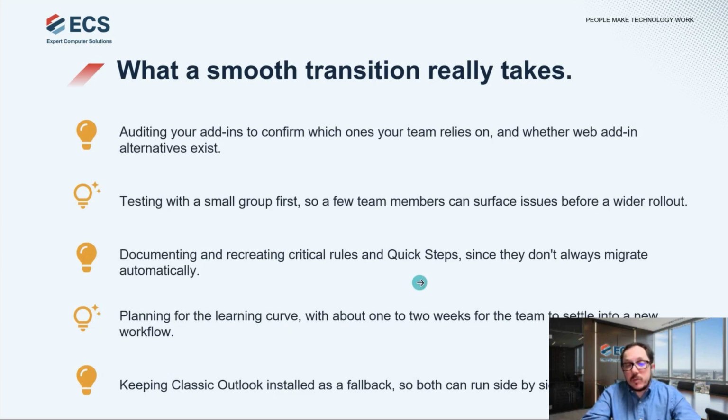Recreate any quick steps or rules that you need. Plan to educate your team about the new Outlook, maybe by watching this video or by creating training of your own or sending them to another platform that provides information about it. And the other part is while you're testing, keep the classic Outlook available to you. If something doesn't work right, you can always switch back.